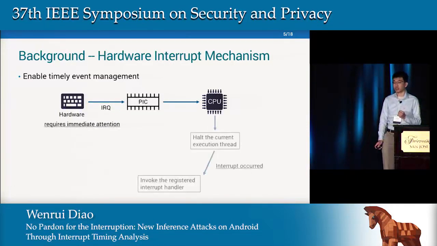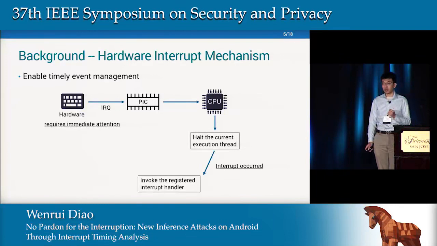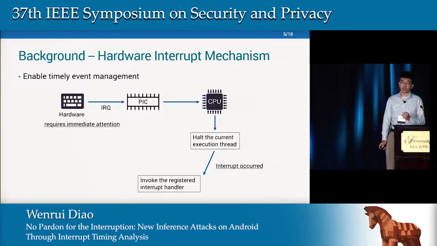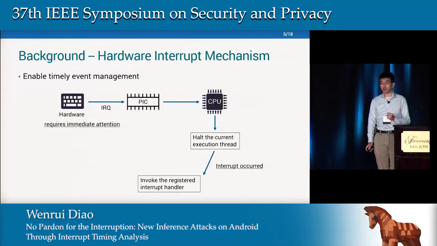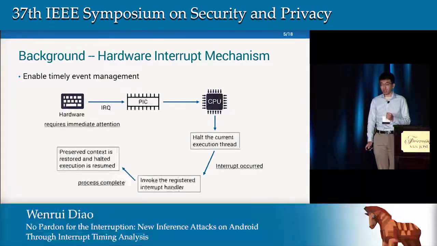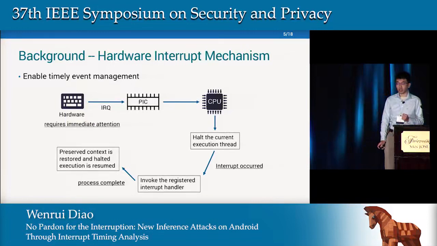In response, the CPU will halt the current execution thread and invoke the registered interrupt handler to process it. Such a process that alters the current execution thread is called an interrupt. After the processing is completed, the saved context is restored and the halted execution is resumed.